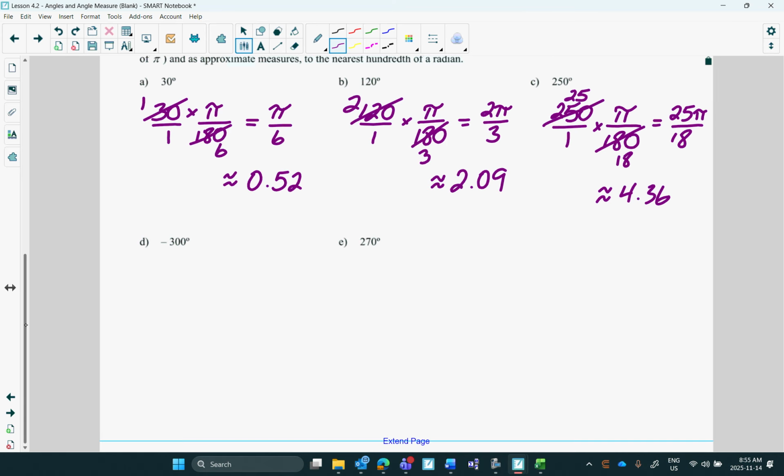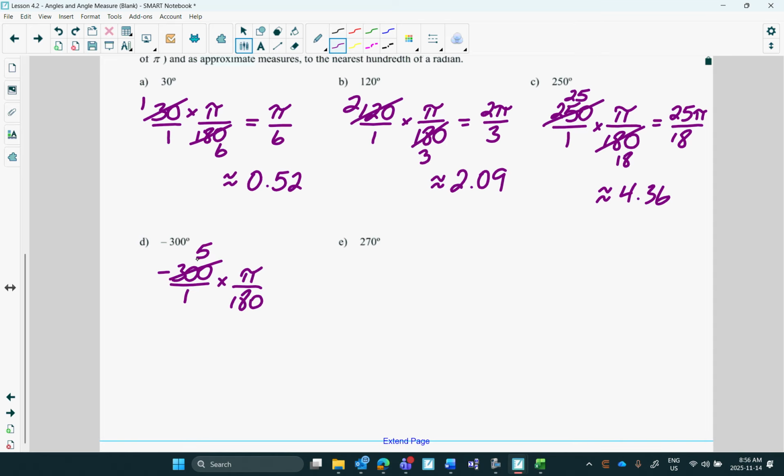Negative 300 degrees. Well, don't let the negative throw you. Just remember to put the negative in your answer. 30? Yeah, that'll work. Is there something higher? 60? Like 60 might do it.